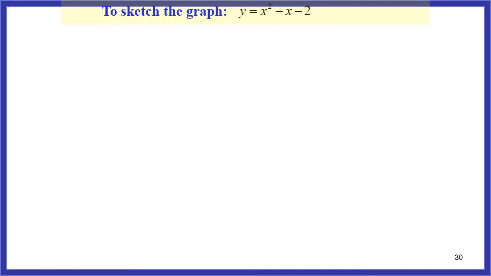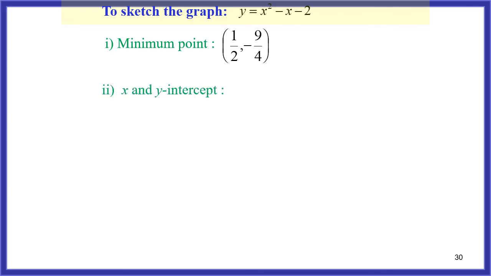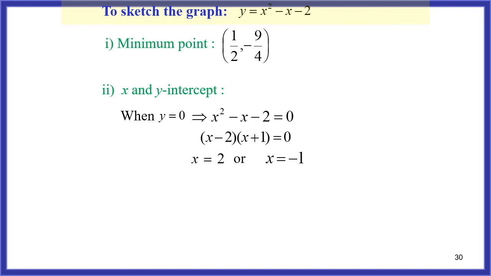Now how to sketch the graph y equal to x squared minus x minus 2. We know already the minimum point from completing the square or the formula earlier, and we know the basic shape of this is a smile function, and we find the x and y intercepts: when x equal to 0, and when y equal to 0. So when y equal to 0, we can factorize x squared minus x minus 2.